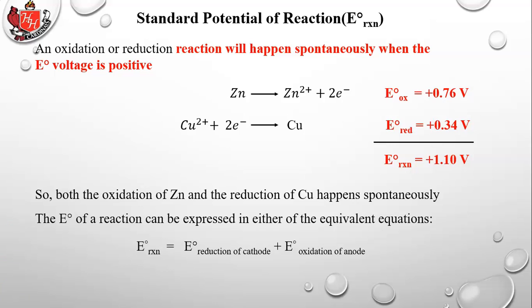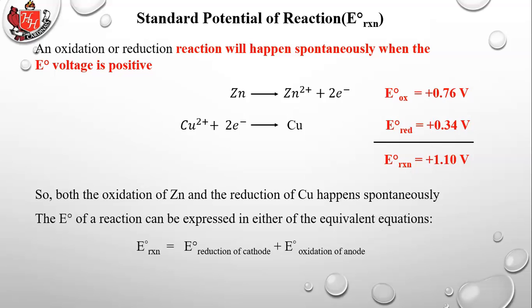So we can express the reaction as the reduction of the cathode, that would be the copper side. You add that to the oxidation of the anode, that would be the zinc side. You just add those 2 numbers.